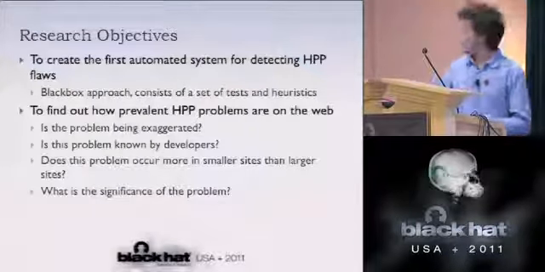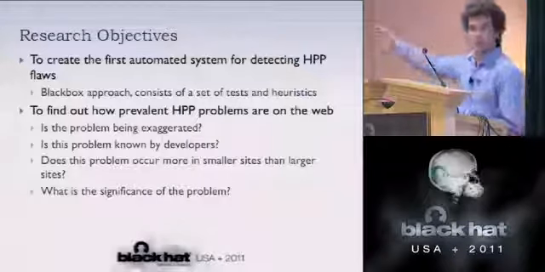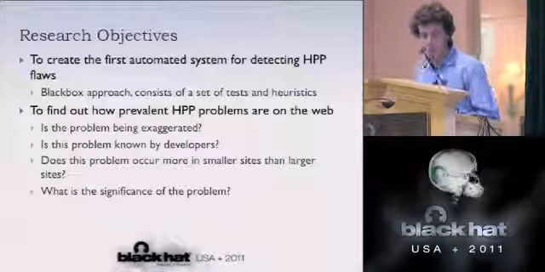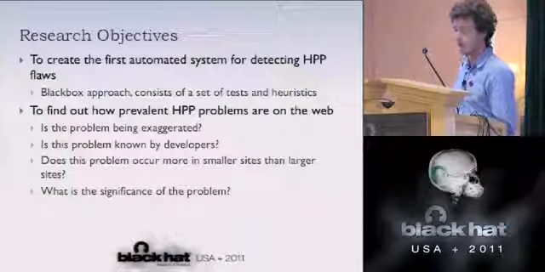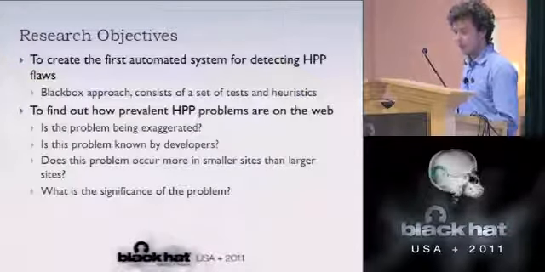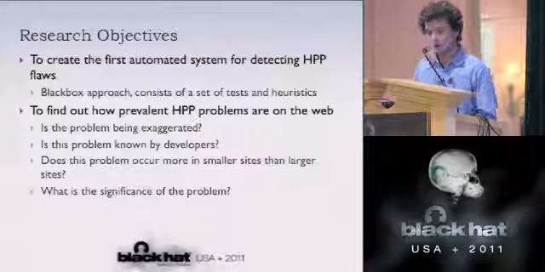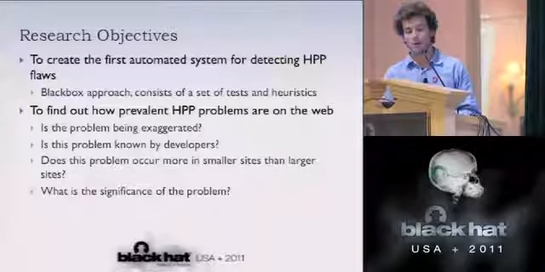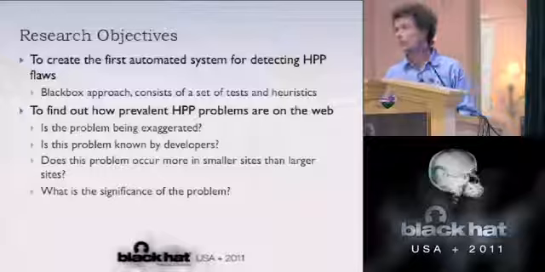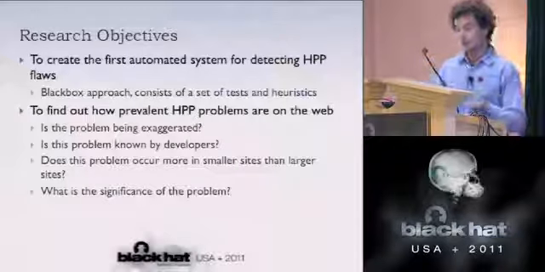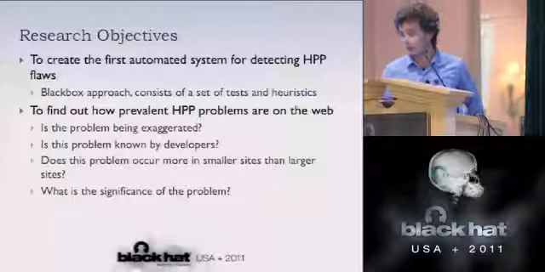We want to answer these four types of questions. Is the problem being exaggerated by the media? Is this problem known by web developers? Does this problem occur more in smaller sites or rather in larger and important sites? Finally, what is the significance of this problem?